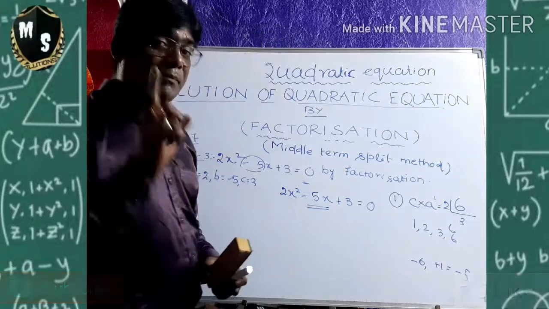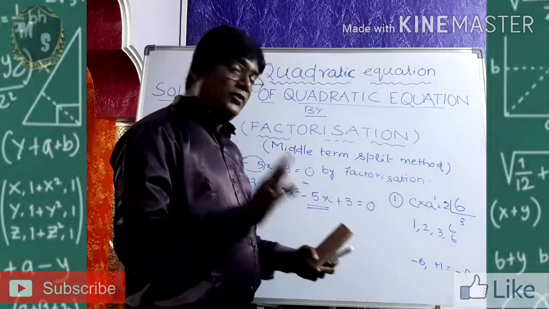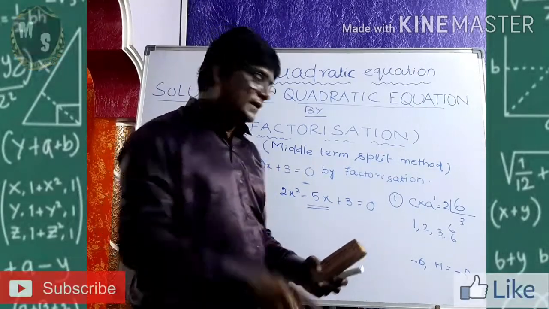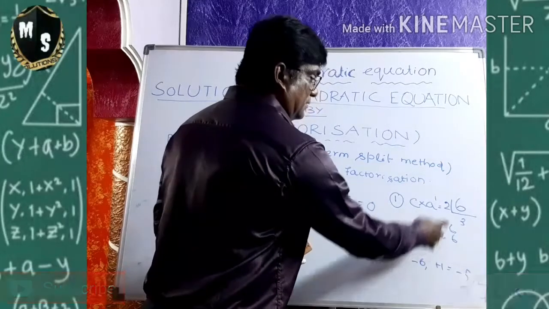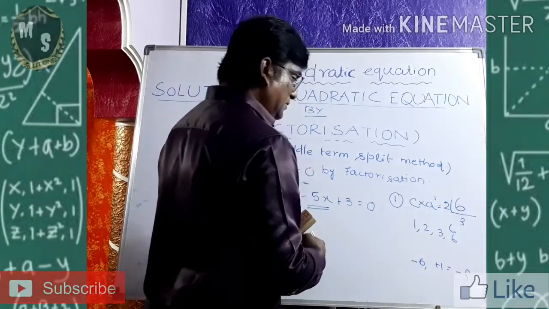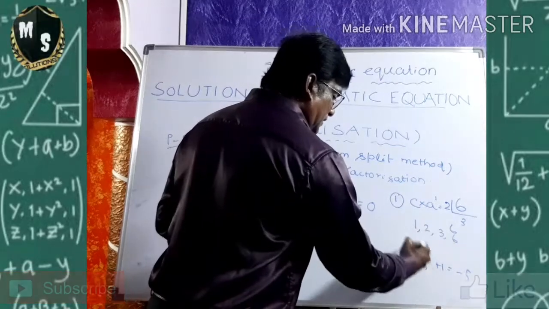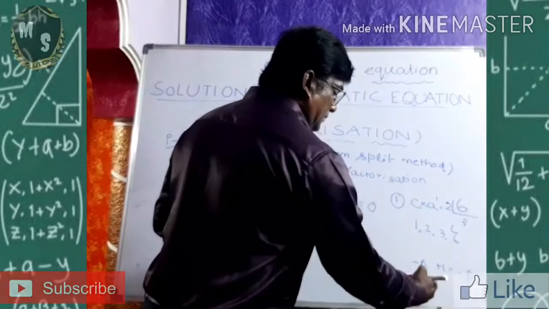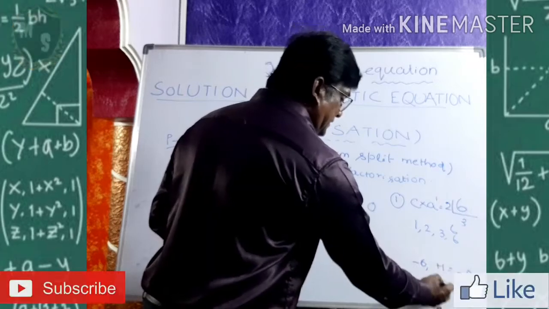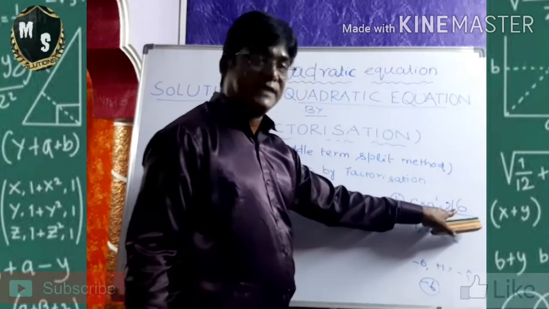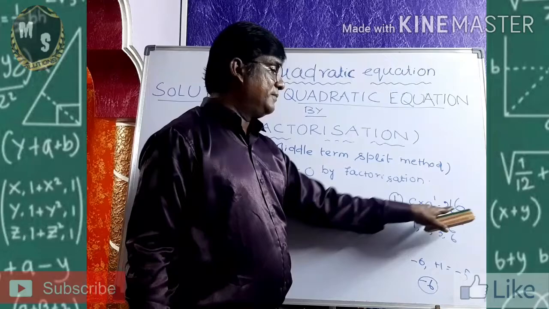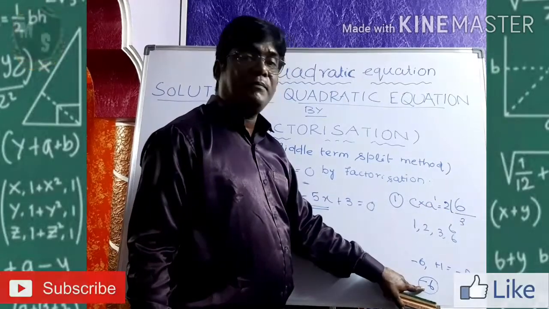Now I said, multiply them also. So multiply minus 6 with 1. Minus into plus is minus. Then 6 ones are 6, so minus 6. But your C into A is plus 6, and here it is coming minus 6.